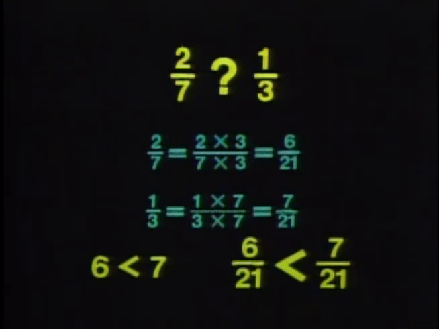Or, returning to our original problem, 2/7 is less than 1/3.